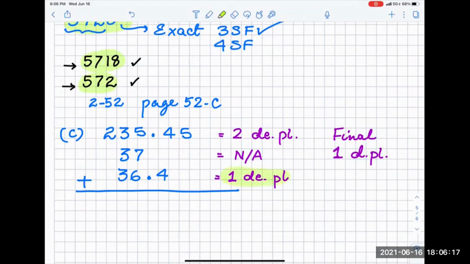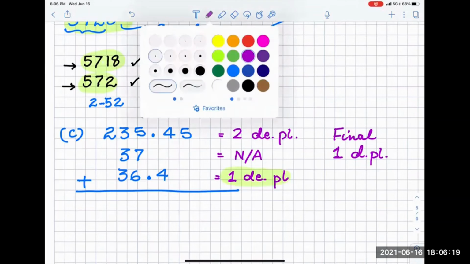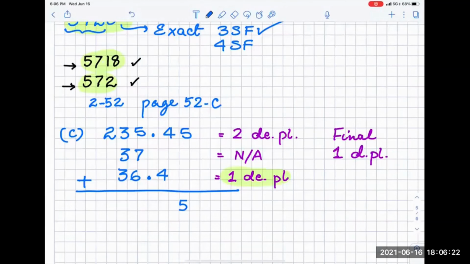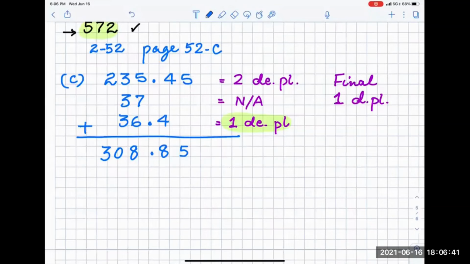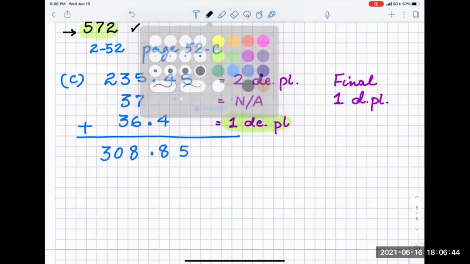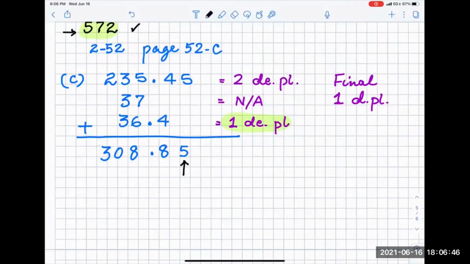Now we just add. So 12, 13, 14, 15, 16, 17, 18, so 9, 10, 3. This is what you get. Now, because the final answer only has 1 decimal place, we need to round. Professor, you accidentally put 0.